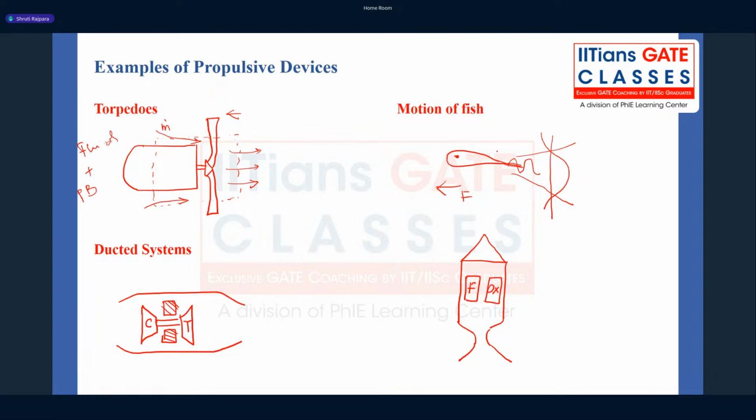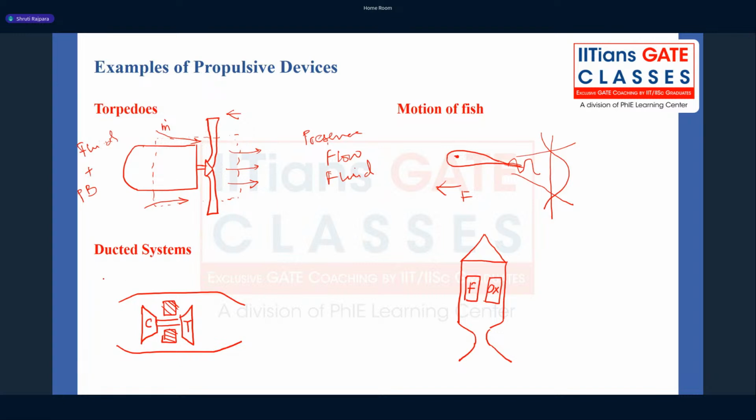But still, the reason behind its propulsion is the presence of a flow field. If there was no flow field, there wouldn't be any kind of motion. It does not have its own mass, but it is sucking in the mass and then ejecting that mass out, and because of that ejection, it is getting a forward motion.